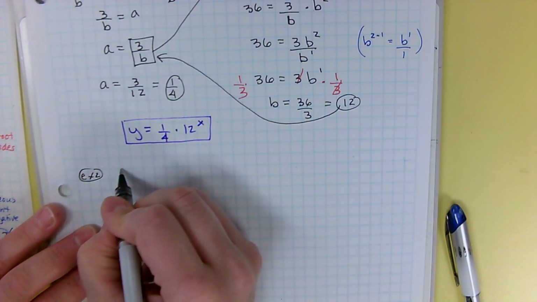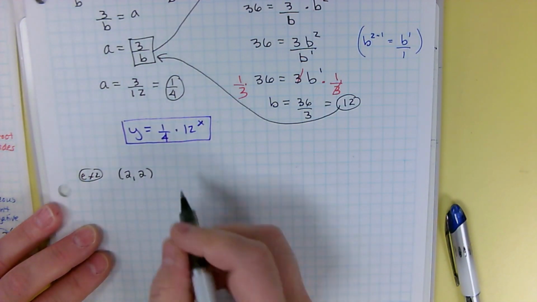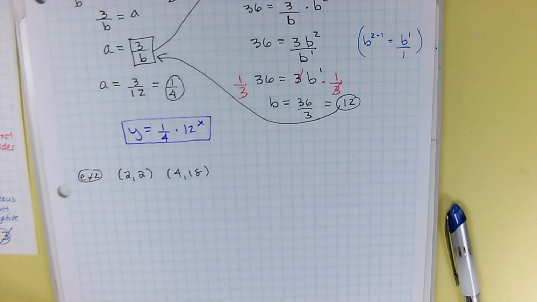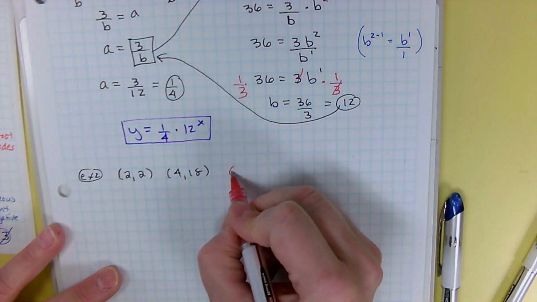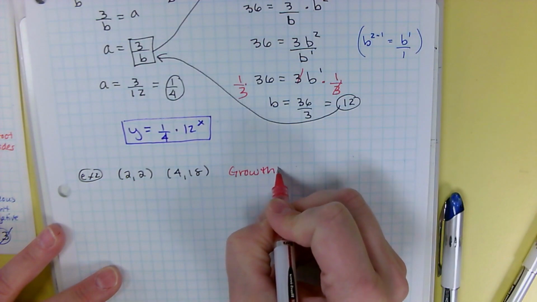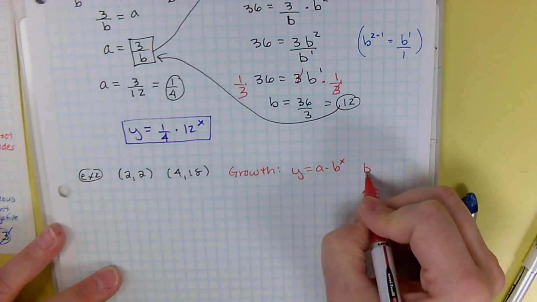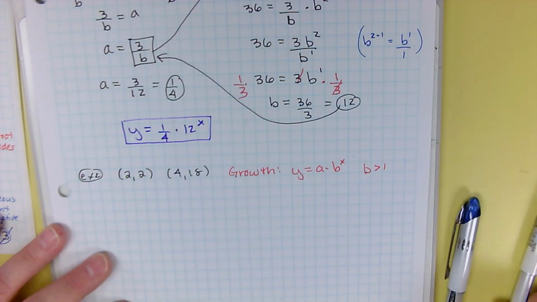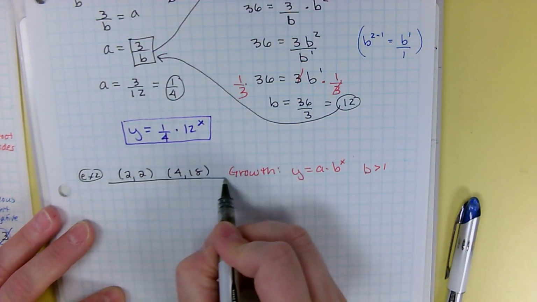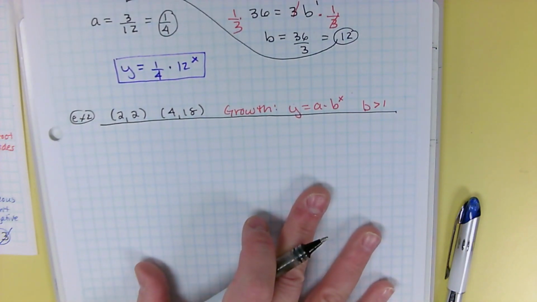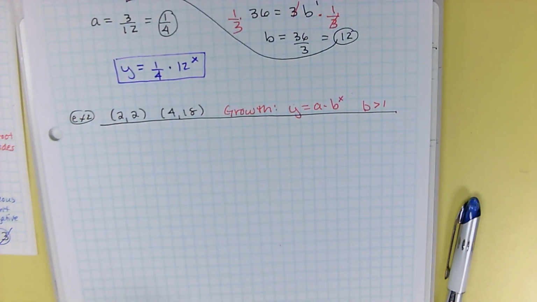Okay, in this one, your points are (2, 2) and (4, 18). This is going to be growth. So y equals a times b to the x, and b is greater than 1 because it's growth. You can actually get the equation without knowing if it's growth or decay, but sometimes it helps you check your work.